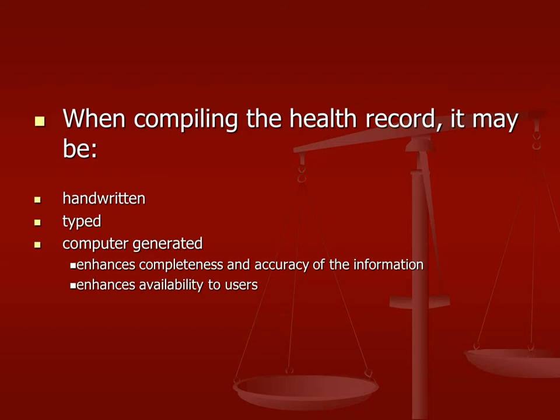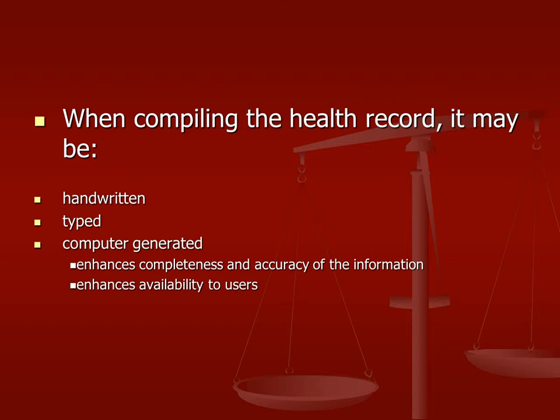As you know, we're moving into the electronic health record era, but in the past and also in the present, many medical records are still on paper and still handwritten, but some of the documents within the record are commonly typed.